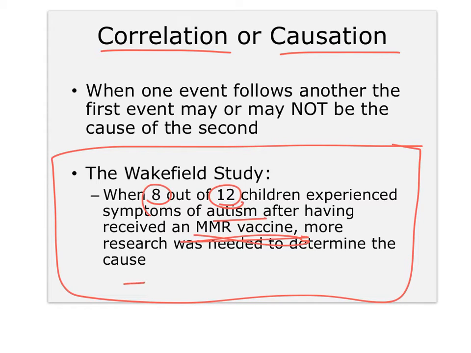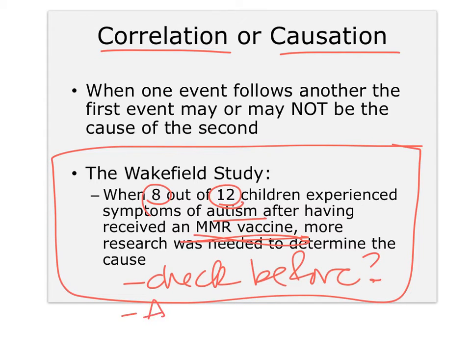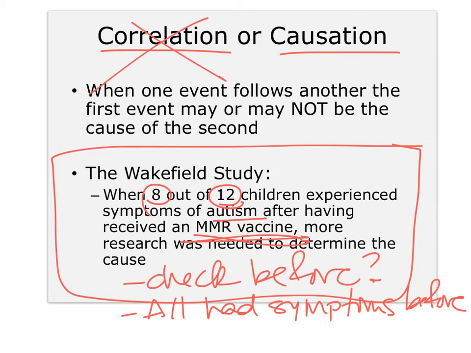They didn't check before. As it turns out, all eight had symptoms before. When other groups expanded this study to lots of kids, there was no correlation at all between autism and vaccines.